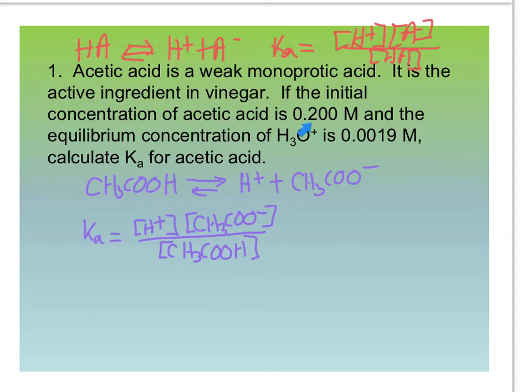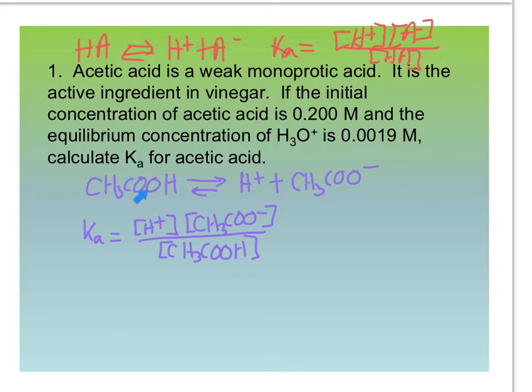Anybody know why? The reason is, remember, when I write K, the equilibrium constant, to find it I need to plug in the equilibrium concentrations, right? The concentrations when I reach equilibrium. Well, is this an equilibrium concentration? No, it tells me that's the initial concentration. So this is telling me that I start out with 0.2 molar.